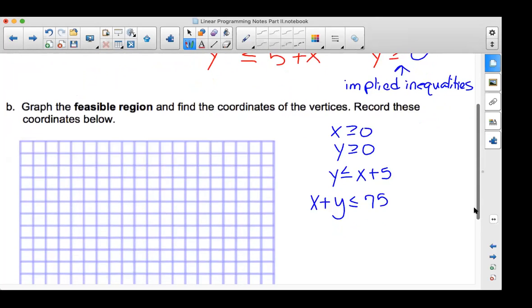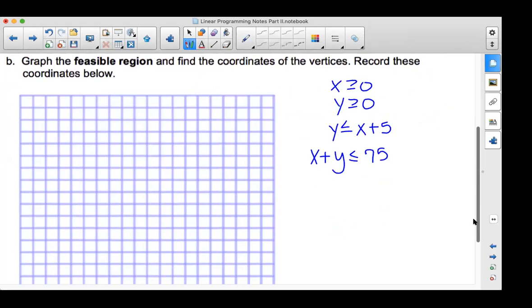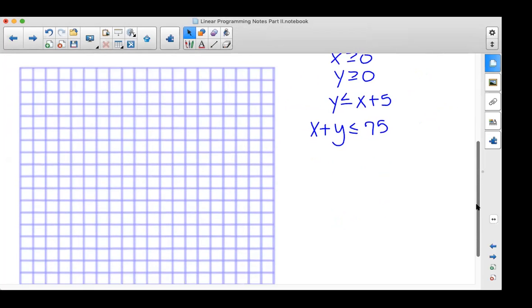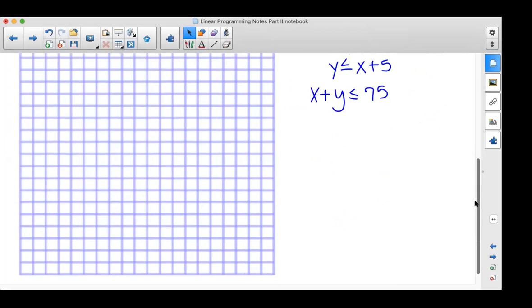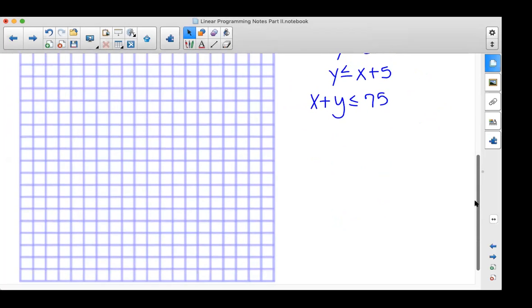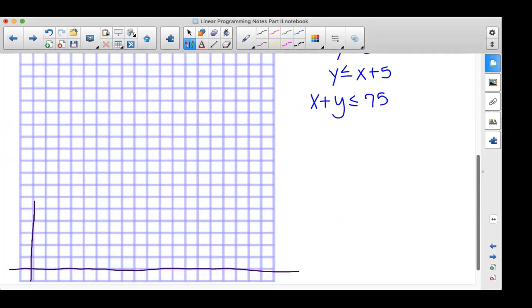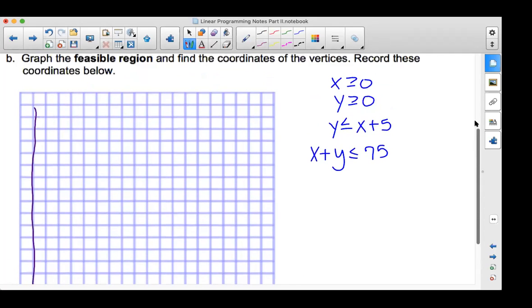And then it says record the coordinates below for the vertices. So just like on Friday, I'm going to kind of just come in a couple, just so that I'm not right on the edge. So my x-axis and my y-axis.